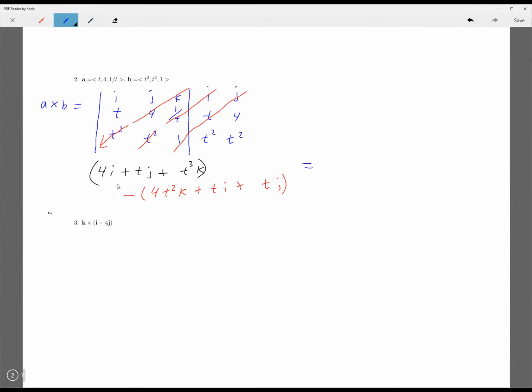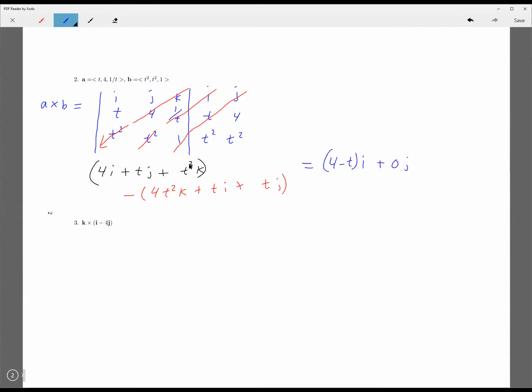Okay, and so then you have 4i minus Ti. So that's going to be 4 minus T in the i direction. And then you have Tj minus Tj. Oh, that's 0. Yay.